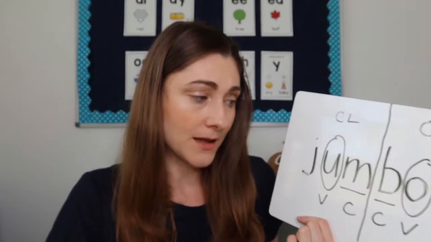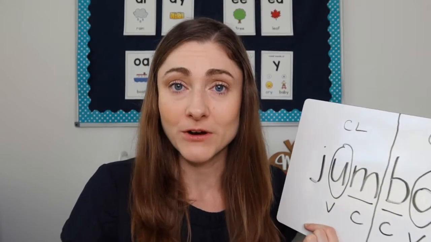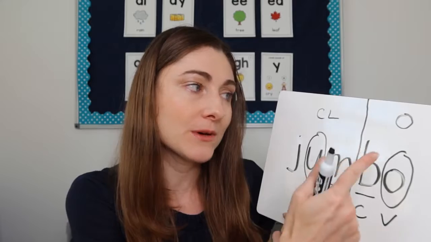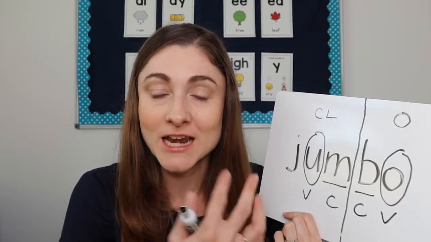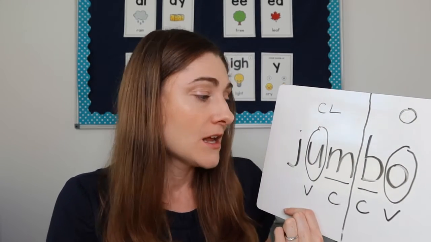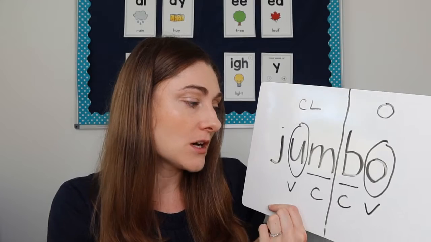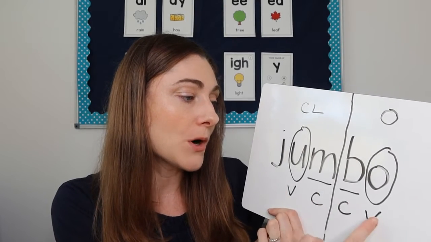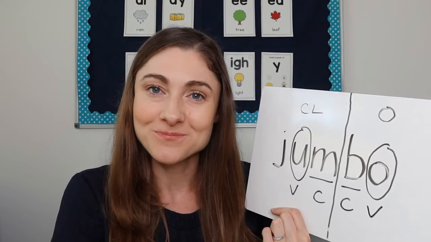And when you have longer words, even longer than this word, you want the kids to be able to figure out what the vowel sounds are. And so knowing about closed and open syllables and the syllable division helps them figure that out. So now we know this is short, this is long, so we have jumbo, jumbo, okay?